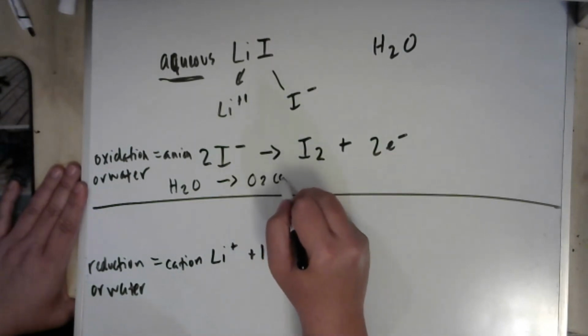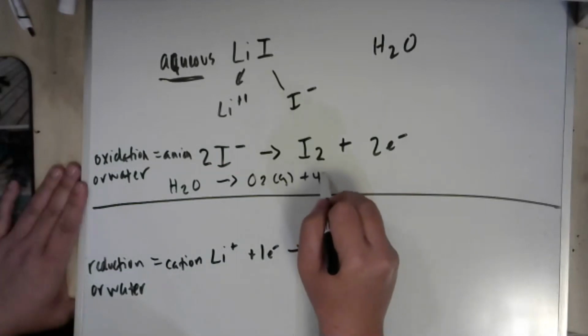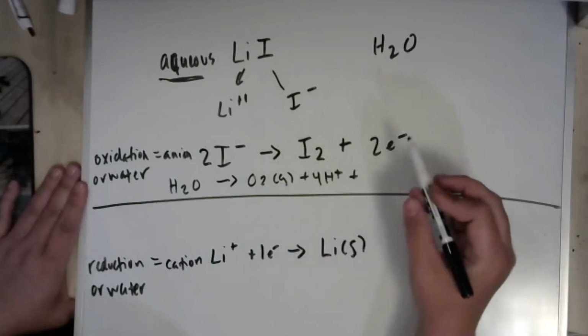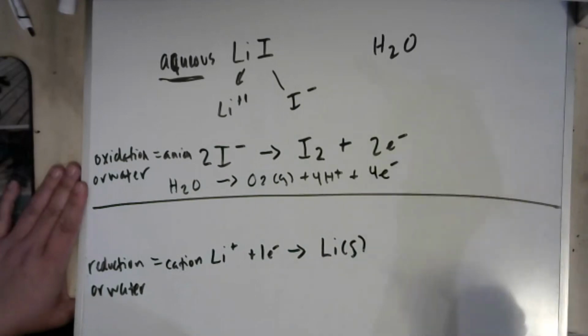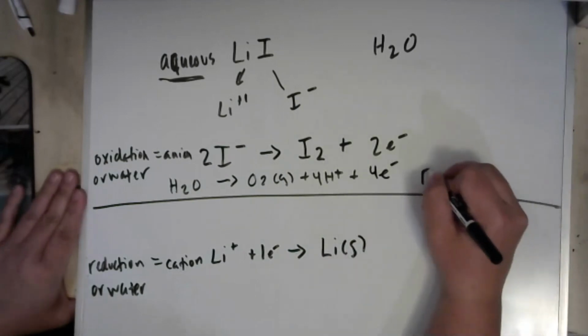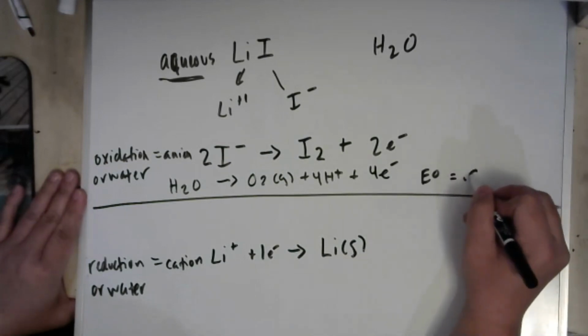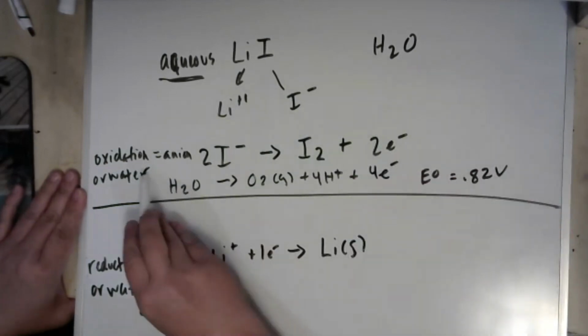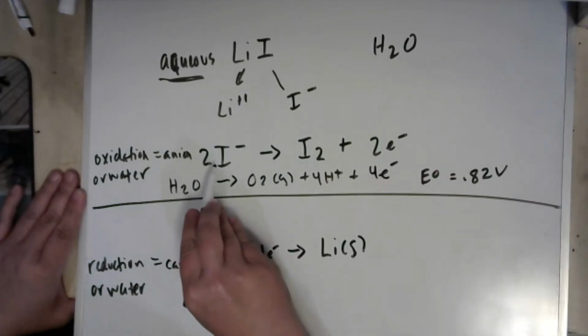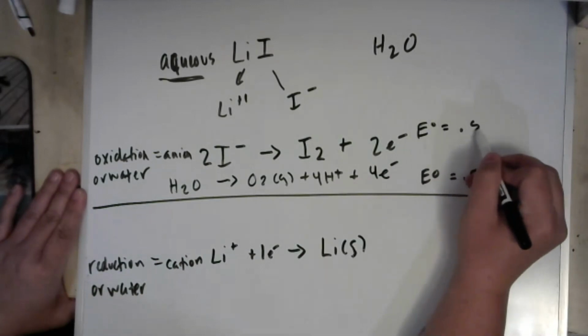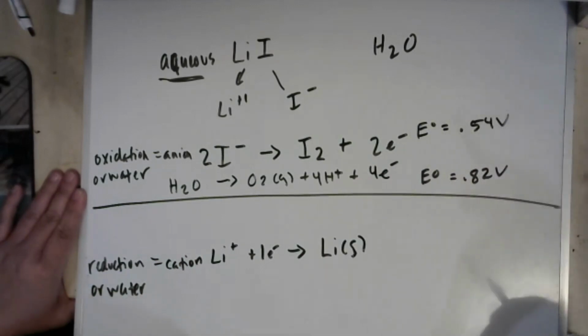O2 gas plus 4H plus plus 4 electrons. Okay, and the E value for this reaction is going to be 0.82 volts. The E value for the iodide is going to be 0.54 volts.